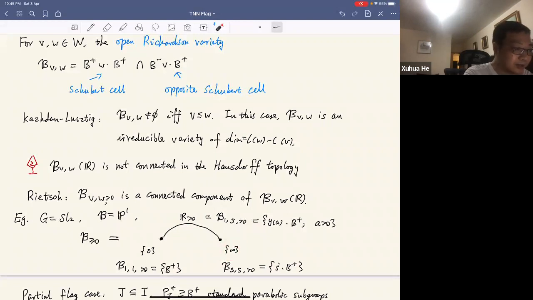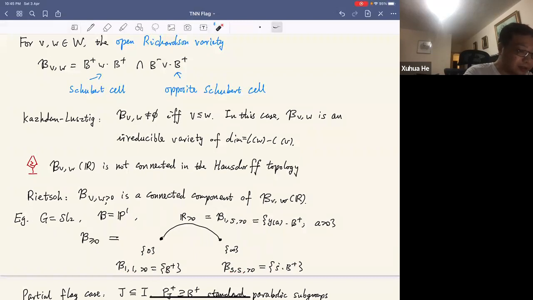Okay, so how do we see the cells? We have the three Richardson varieties. 0 corresponds to v and w both equal to 1, and infinity corresponds to both equal to s.